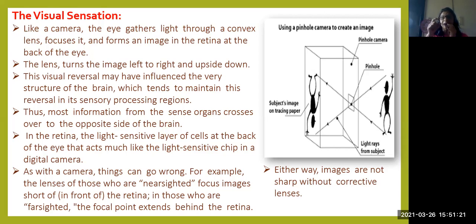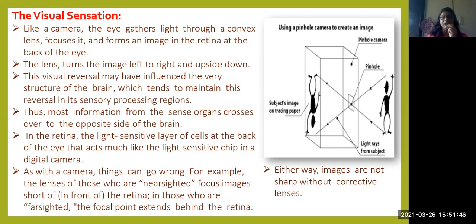The lens is fixed with suspensory ligaments. You have seen that. The light rays go through the cornea and then fall on the lens, and from the lens they pass on to the retina.